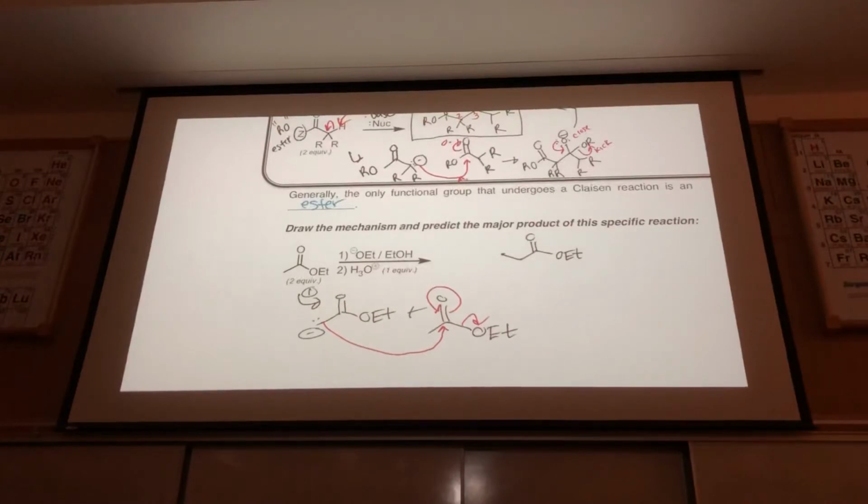Attack, open, close, kick. The carbonyl came back. What was on that carbonyl? OEt, which is our leaving group. So I don't draw that, but I do draw the methyl. There's our beta keto ester. That is classic Claisen, telltale sign of Claisen going on.